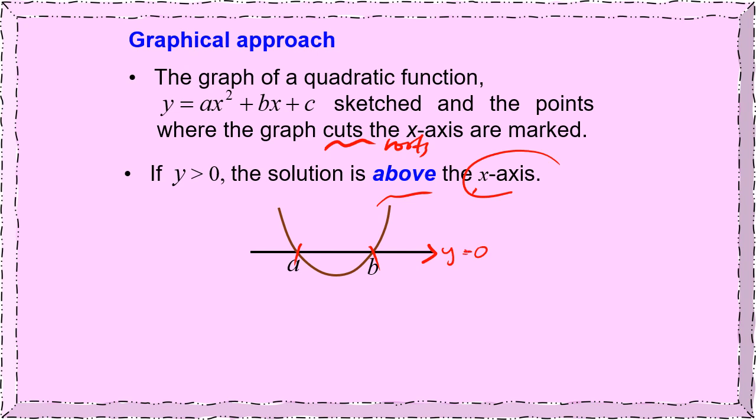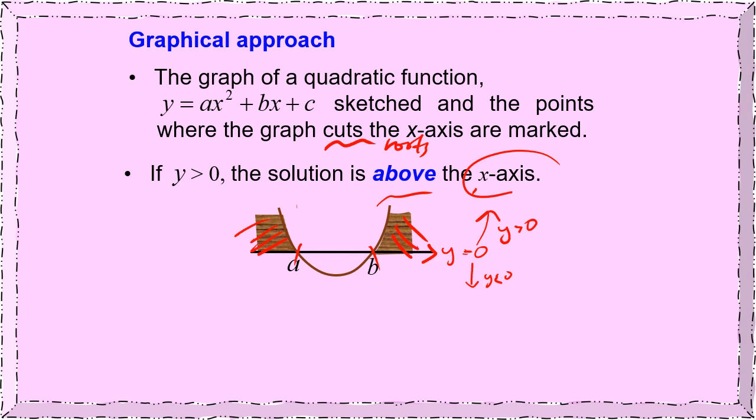So it's the root. If y is more than 0, where is y more than 0? It's on the upper side of the line, right? This one is y less than 0. This one is y more than 0. So the solution is above the x-axis. So it cannot be here. It will be here as the result. So the value of x should be less than a, or more than b.